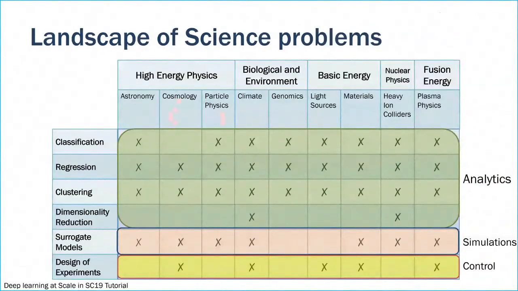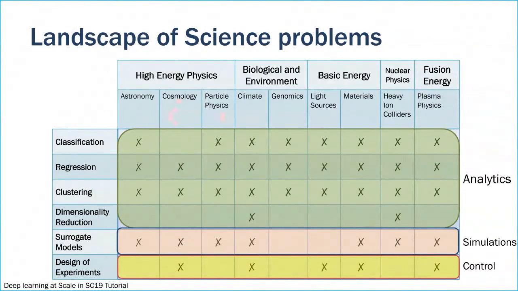What about the science field? This is some categorization of what type of science field is using what type of models from the deep learning concept. From high energy physics to fusion energy, many different science fields have different types of questions and problems. From classification to the design of experiments, there are many different sectors we can probably apply our deep learning ideas to.